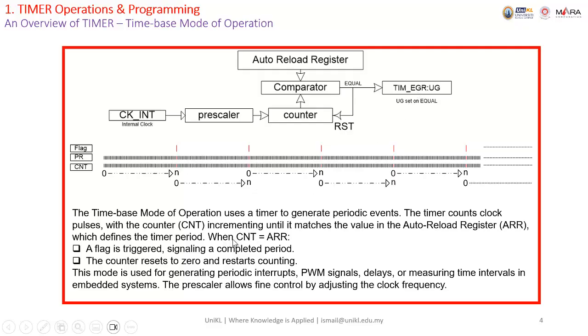So here we can say that when CNT, or count, equals ARR, or auto reload register, a flag is triggered, signaling a complete period. So we can have a period based on the flag triggered, timer EGR UG, and the counter resets to 0.